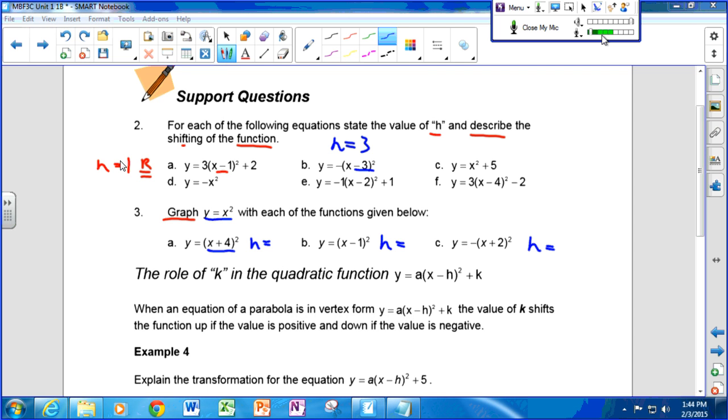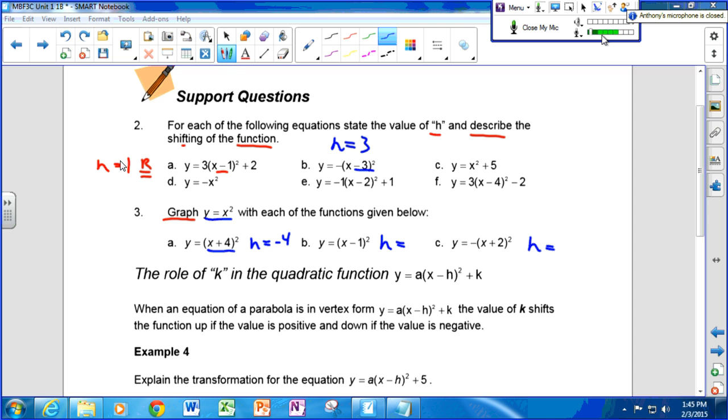Okay. So do I have a brave volunteer who can tell me what the first h value is going to be? Negative. All right. Thank you. Yes, it's going to be -4. Exactly.